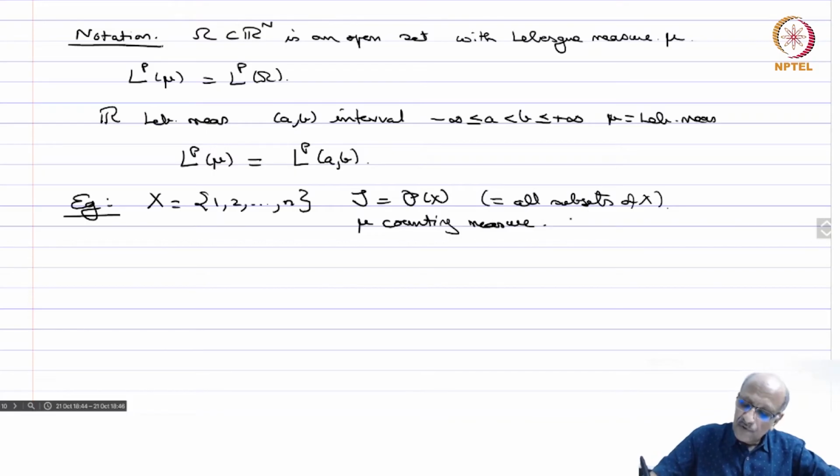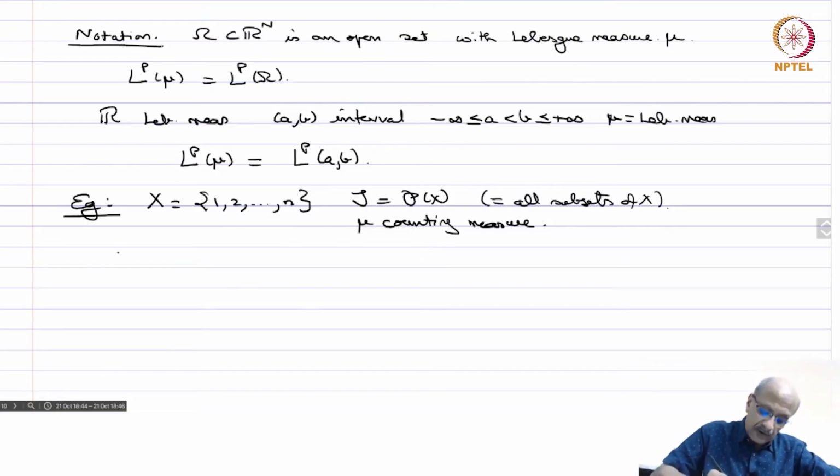That means mu of A is equal to the number of elements in A, and it will be infinite if A is an infinite set. Then what is integration with respect to mu? It is just summation. A function on X is nothing but an n-tuple, and integration is nothing but adding the values. So that is the integration with respect to the counting measure.